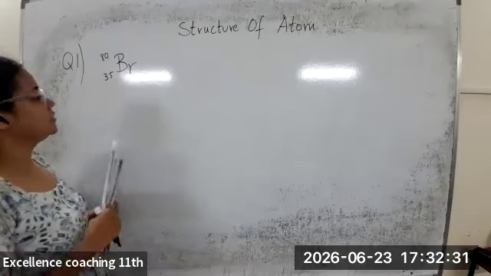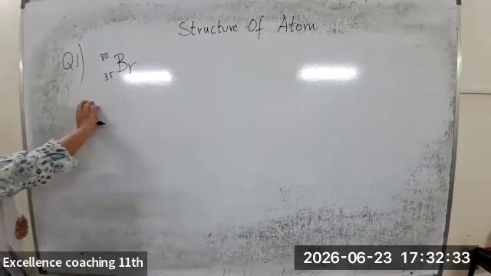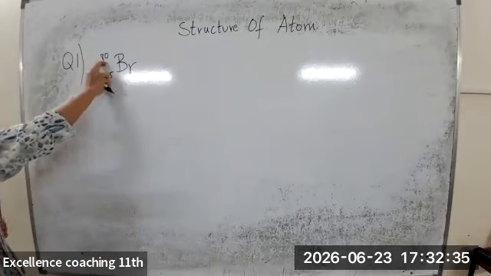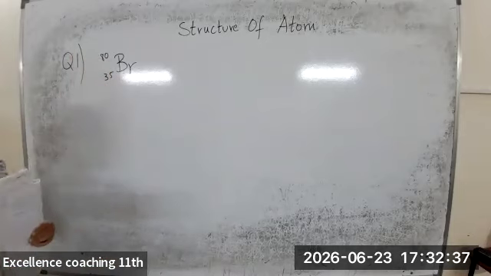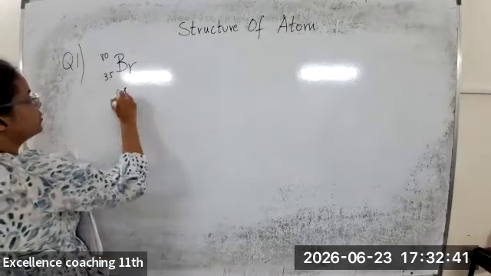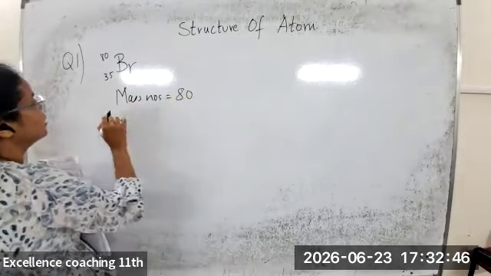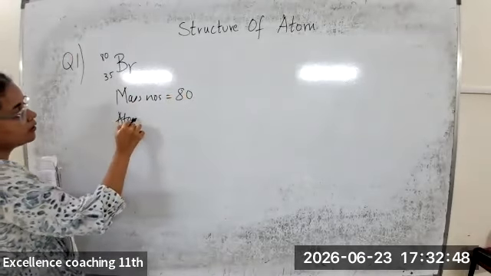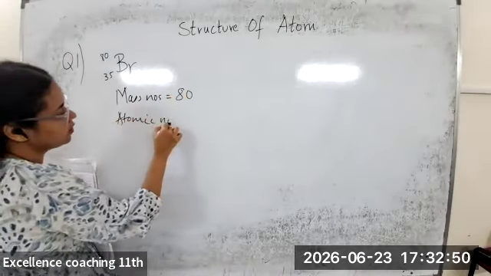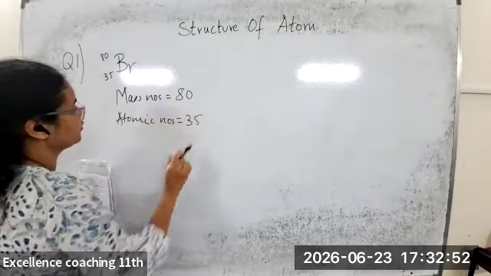Coming on to question one, I have 80 and 35. What is 80? Mass number, right? So mass number is equal to 80. And what is 35? Atomic number. So atomic number is 35.